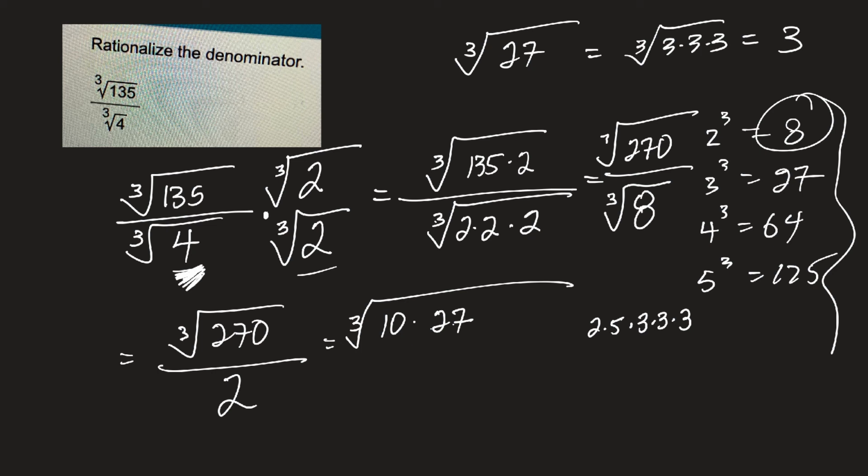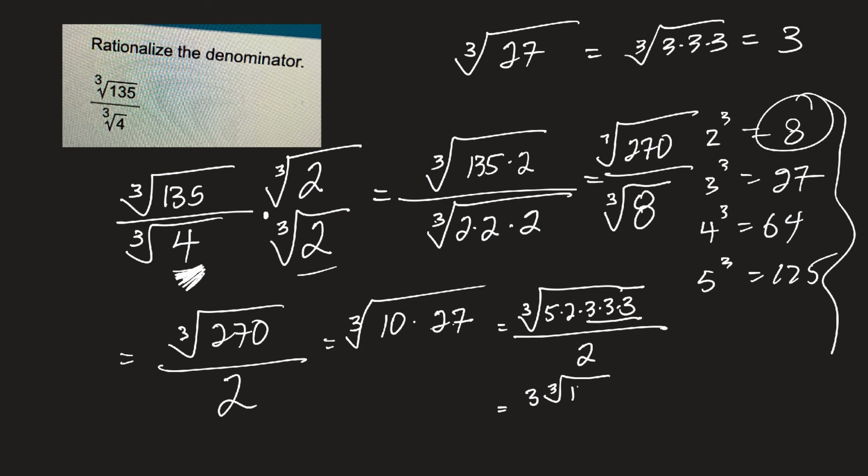So I could rewrite that then as, let me erase that. I didn't think I'd be able to do that. So the cube root of 5 times 2 times 3 times 3 times 3 over 2. So here's 3 threes, I can bring one out. So it'd be 3 times the cube root of 5 times 2, which is 10, over 2. That would be my final answer. All right, hopefully that helps you with that question.